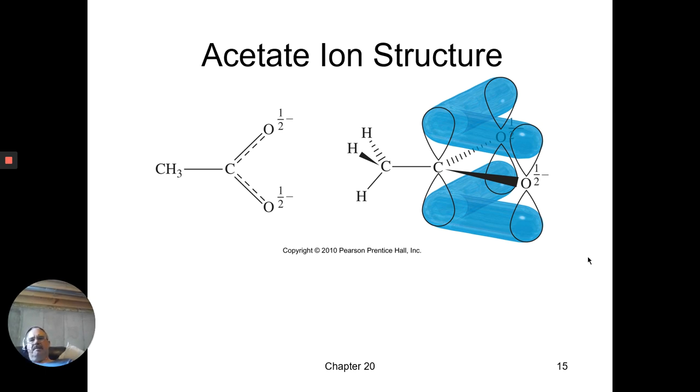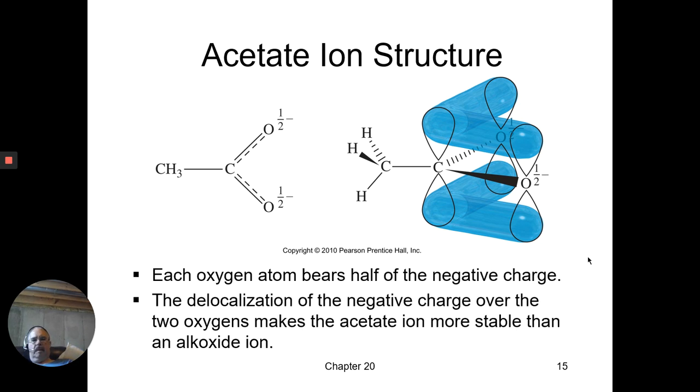In the acetate ion structure, the negative charge is shared equally between the two oxygens. Each oxygen bears half the negative charge. The delocalization of the negative charge over the two oxygens makes the acetate ion more stable than the alkoxide ion.